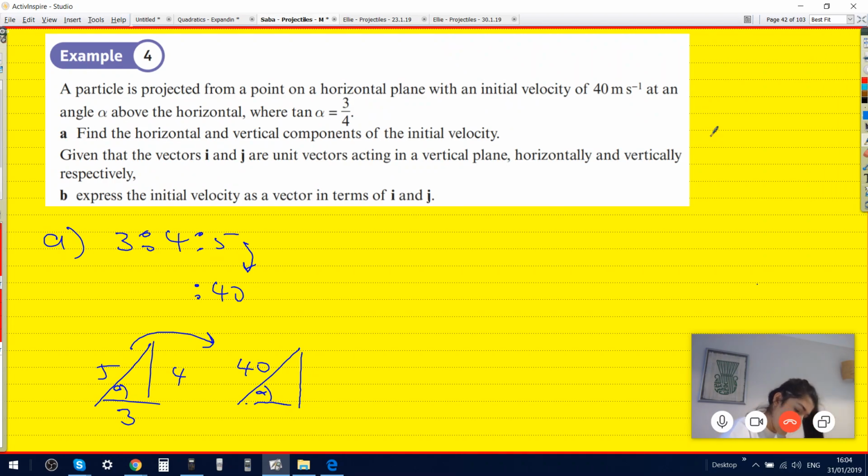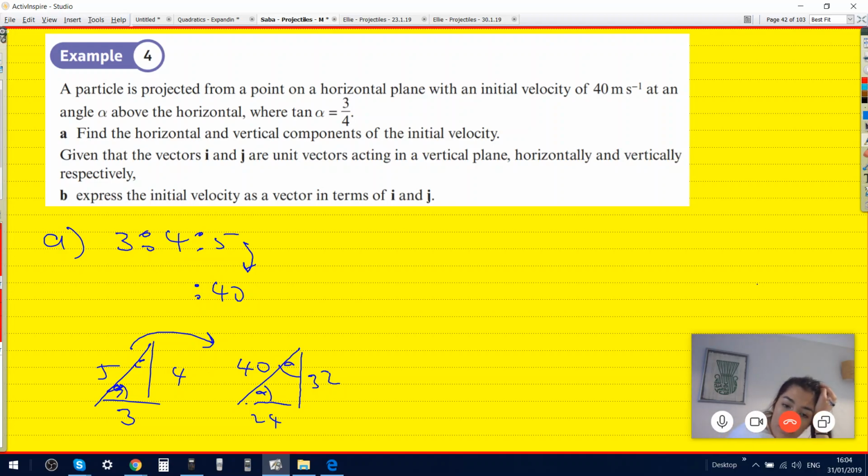So 40, 32 and 24. And what is 24 over 32? What does that simplify down to? 3/4. Yeah, and so the tan of that angle is 3/4. Sorry, I wrote the angle in the wrong place. It should be up there.